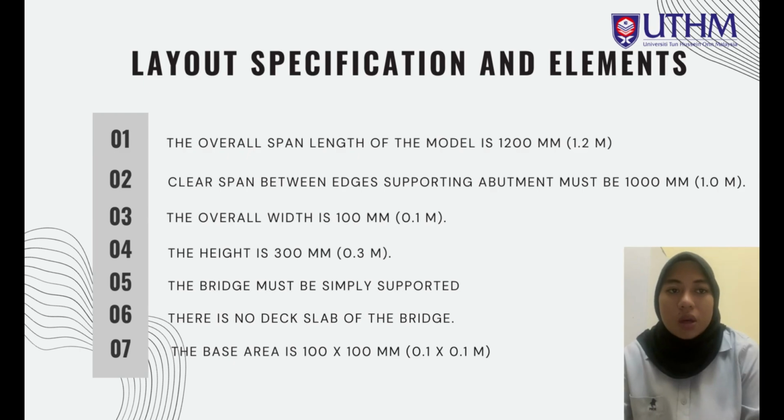The width is 100 millimeter. The height is 300 millimeter, and the bridge must be simply supported, which means the supports are pin and roller support. There is no deck slab on the bridge, and the base area is 100 times 100 millimeter.